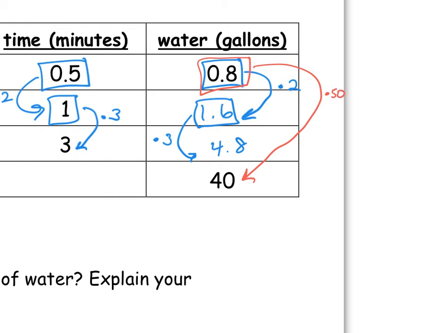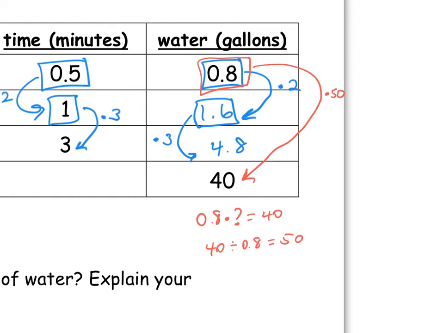For those who don't understand how to calculate that, you're just going to ask yourself, 0.8 times what equals 40? The math you would do to figure out the what is division. So 40 divided by 0.8 is equal to 50.